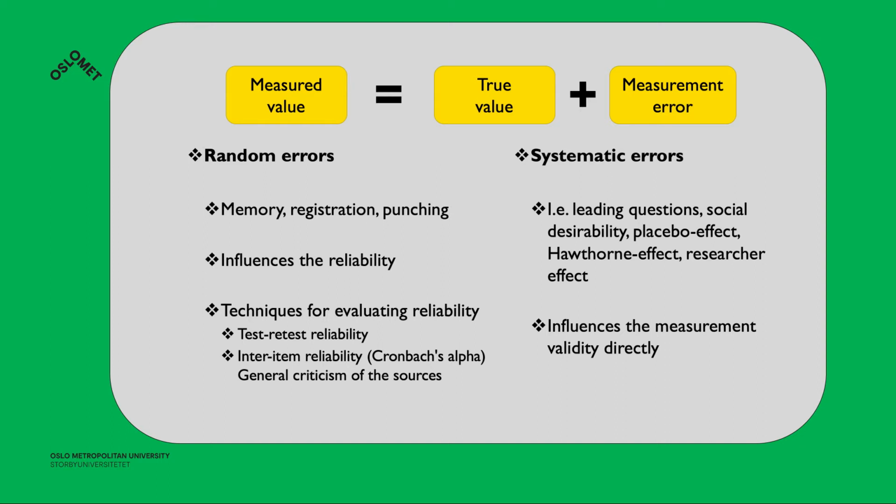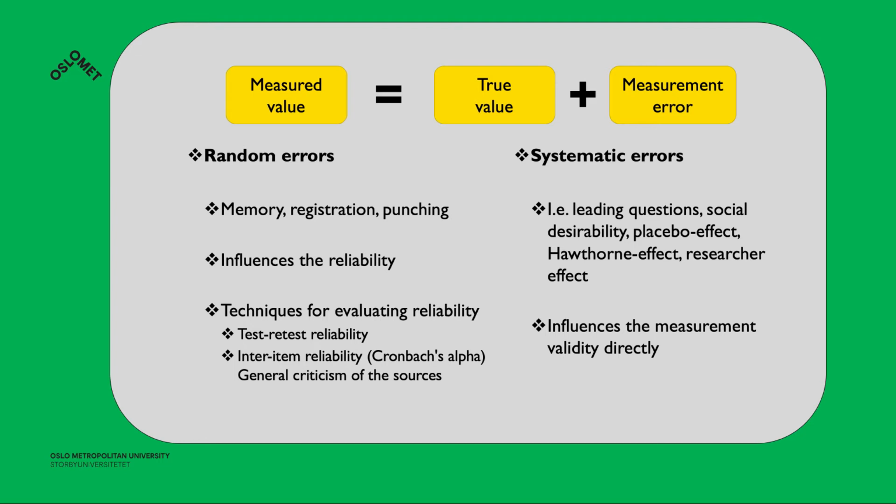Systematic errors, which are a real problem, include leading questions, which are no good. Social desirability: people answer what they find socially desirable and not what they actually mean. You have the placebo effect, which is people think they have been affected by something, but they have not actually been affected.